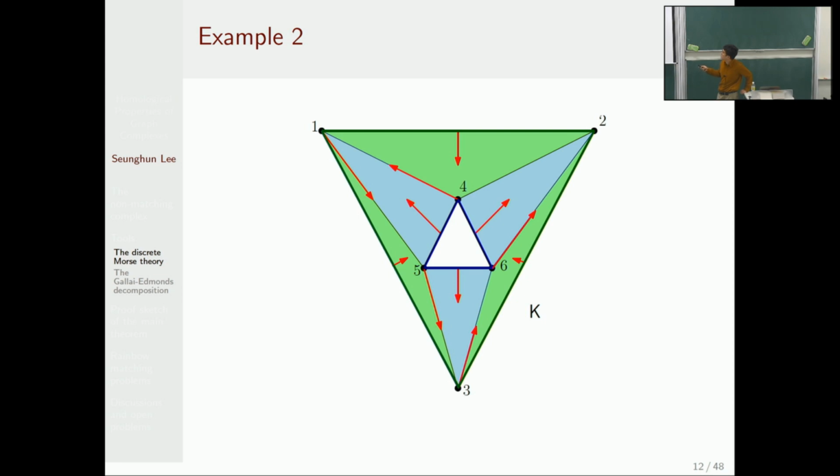Also 1, 2 goes until it meets 1, 5 union 2, 4, and so on. If you are familiar with simplicial complex terminology, this is called a collapse. It contains the unique maximal face, so we just remove the face.